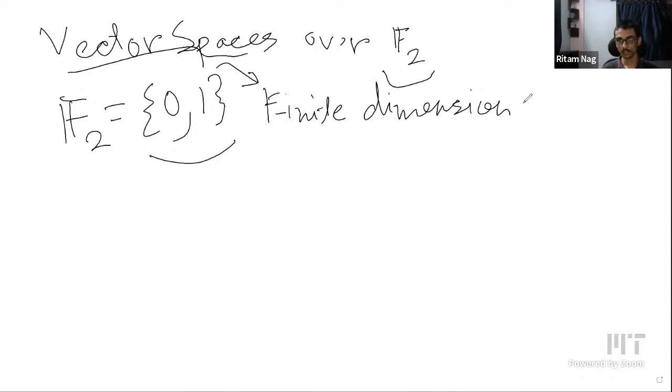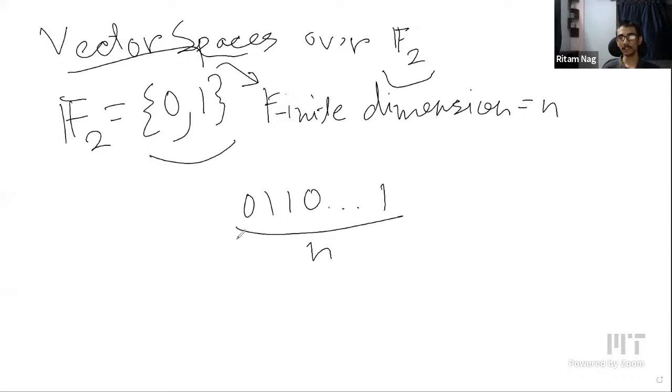Say dimension equals n. You can think of this as just a binary string of length n. That's the basic idea. But the point is, on these strings, we can now do linear algebra.